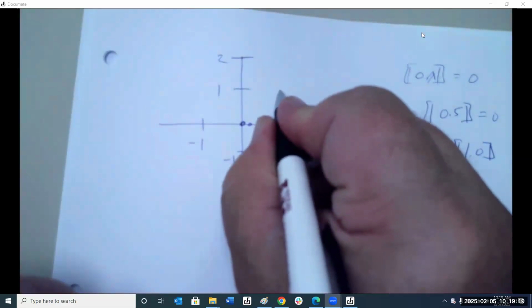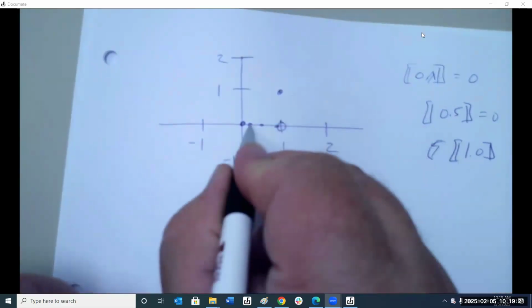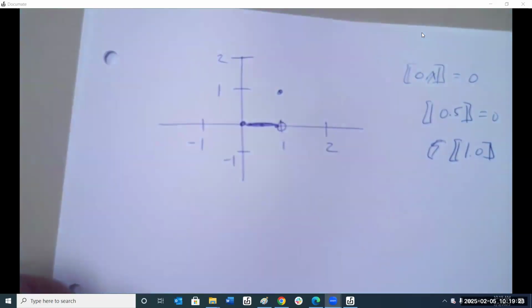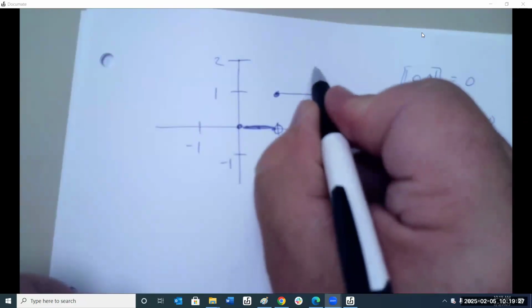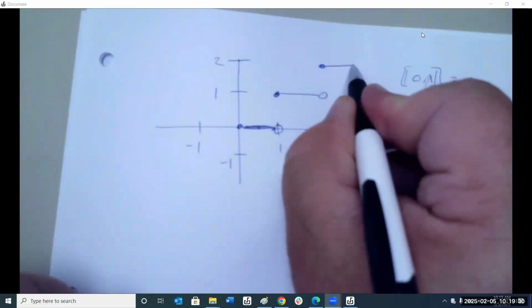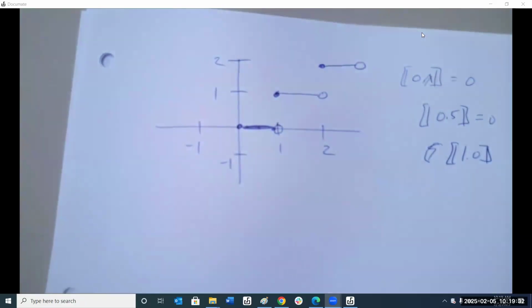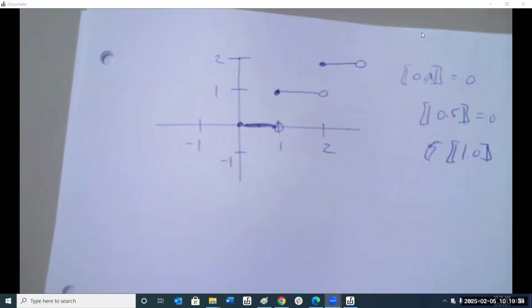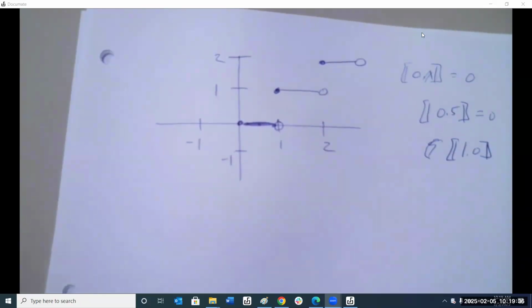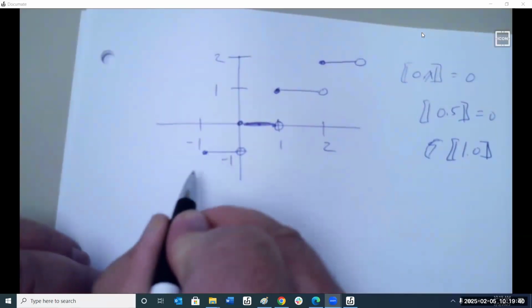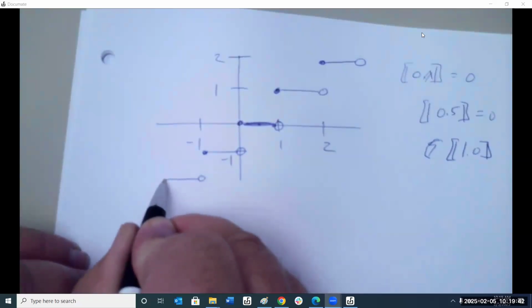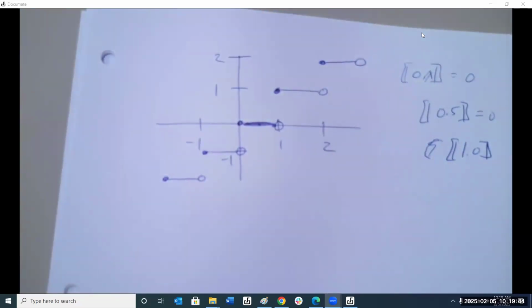So at 1, it jumps up here. So this one becomes an open circle. It goes from 1 all the way up to 2, then it jumps up there. It's called a stair-step function. On the bottom here, it does the same thing. So it gets rid of the decimals and just takes what's in front of it.